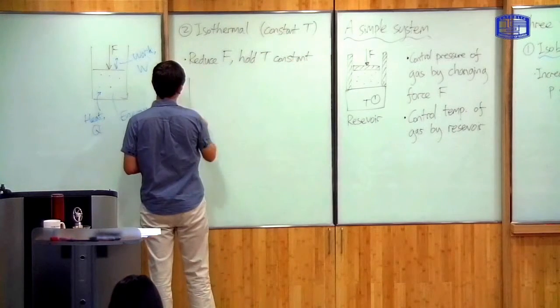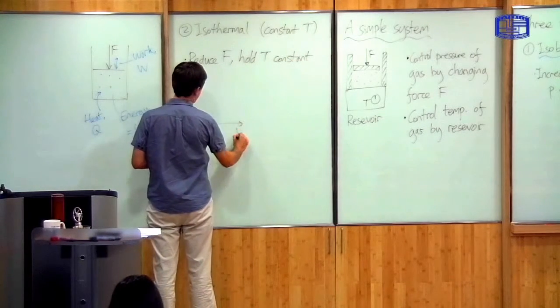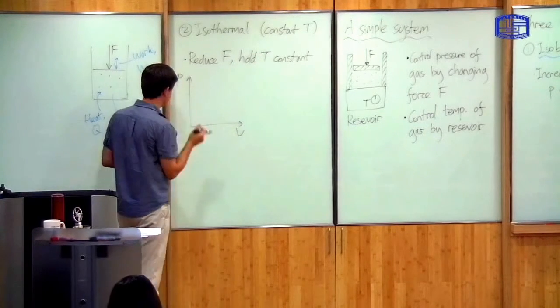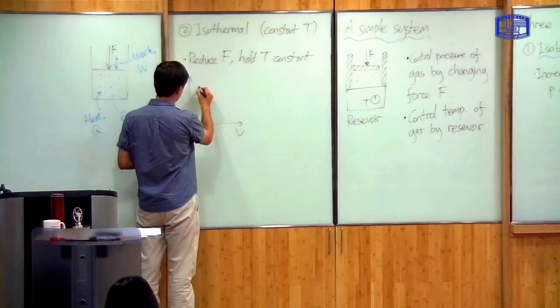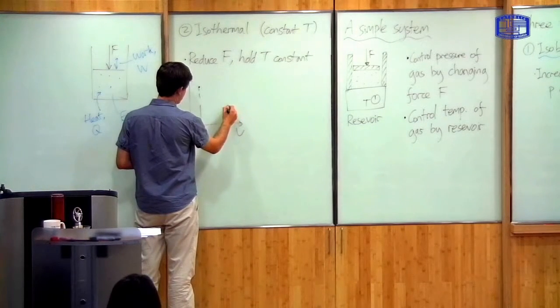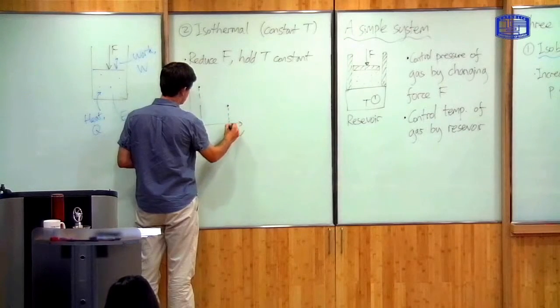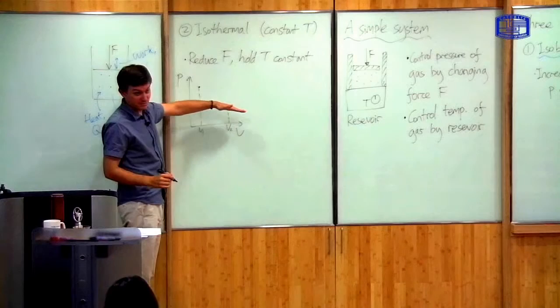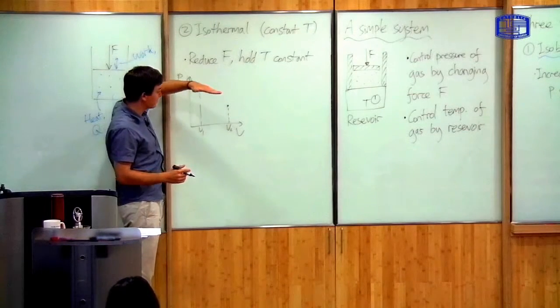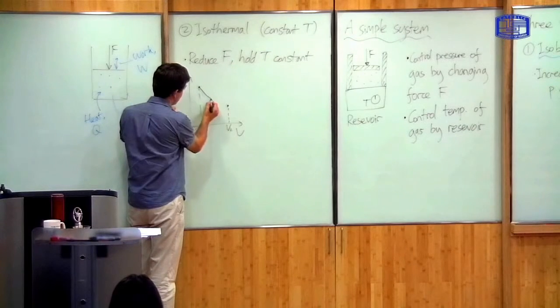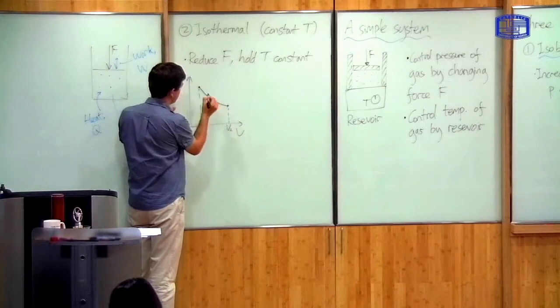Okay, and if I do the same as I did for the isobaric expansion, that looks like this. You start with volume V1, you end up with volume V2. But because you've reduced the force, the pressure is now less. You've reduced the force on the piston, so the pressure of the gas is now less, and therefore you move down in a curve, something like this.